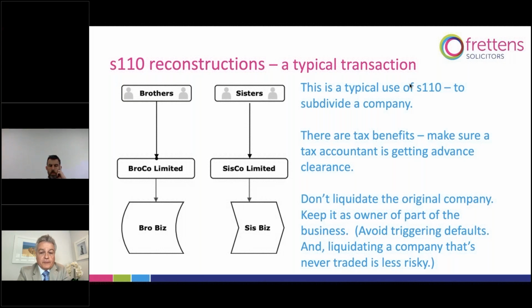It is very important to make sure that a tax accountant is getting advance clearance for a scheme of this sort. And something else that is hugely important is to not do this transaction the simple, obvious way, but do it in a way that avoids having to liquidate the original company.